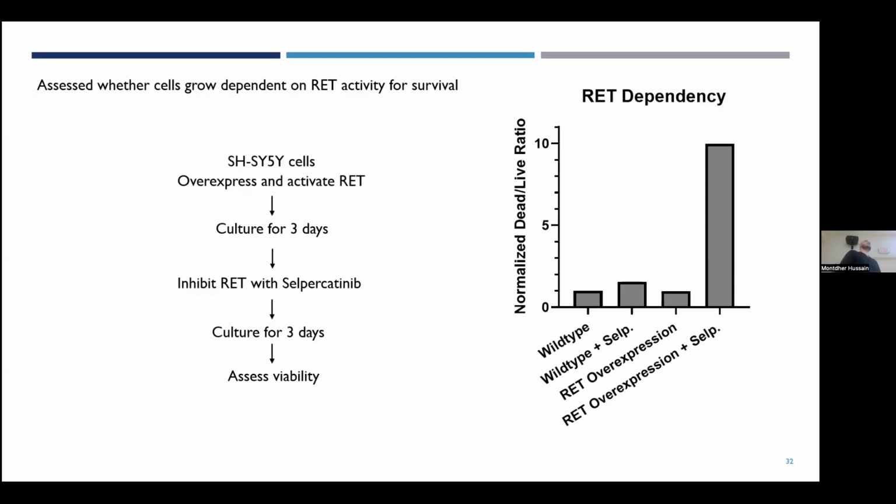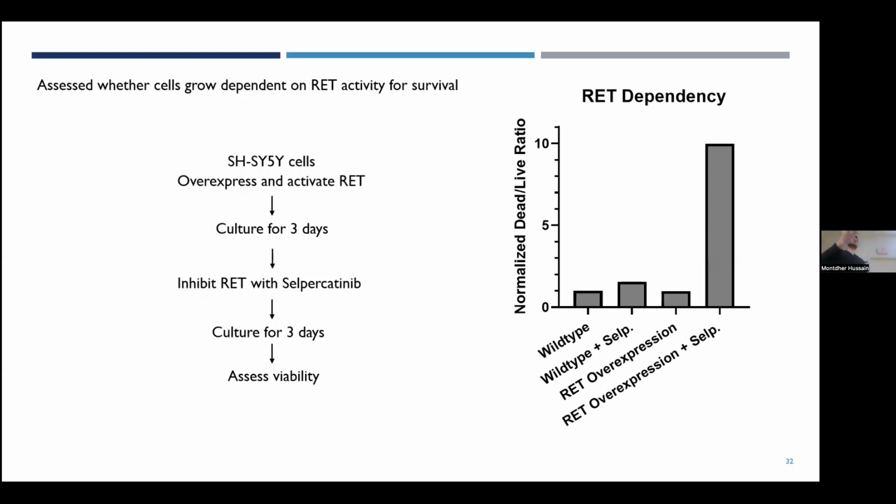And using this assay, I was able to determine that when we allow these cells to grow with RET hyperactivity, and then we inhibit RET, it leads to a significant increase in cell death. And we do not see the same effect when we allow the cells to keep growing for a total of 7 days with just GDNF or normal culture media, as well as when we just inhibit RET without RET overexpression.